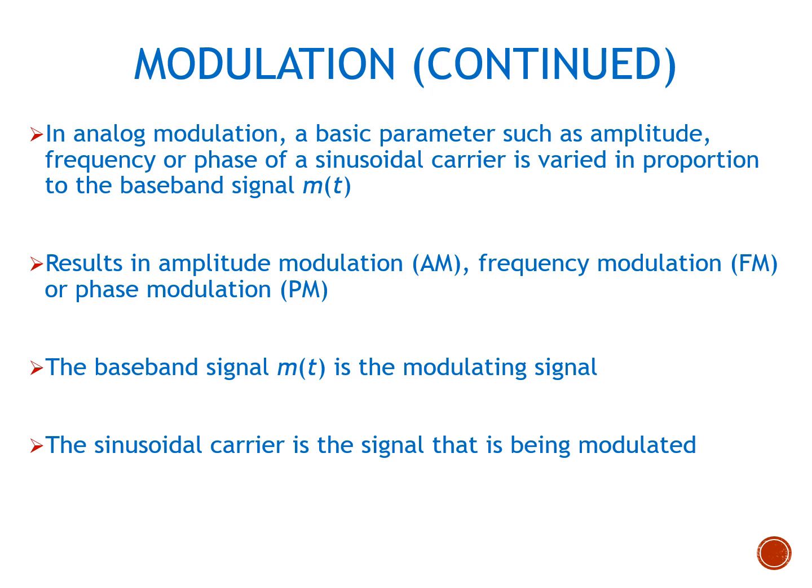In analog modulation, and amplitude modulation is an analog modulation, a basic parameter such as amplitude, frequency or phase of the carrier is varied in proportion to the baseband signal m(t). Accordingly, if we are varying the amplitude of the carrier signal, it's called amplitude modulation.